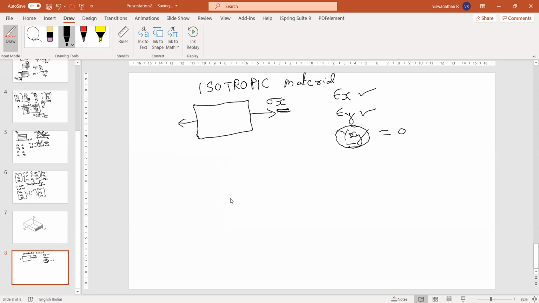Now suppose you take an anisotropic material. This is an anisotropic material, a thin sheet again, and then you apply stress in the x direction. What kind of strains can you expect?